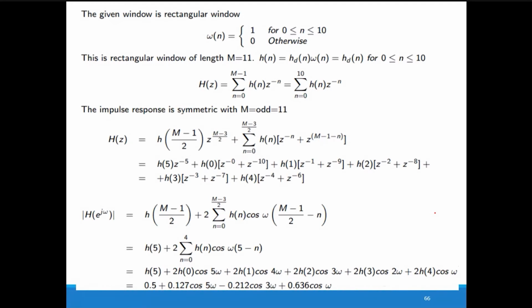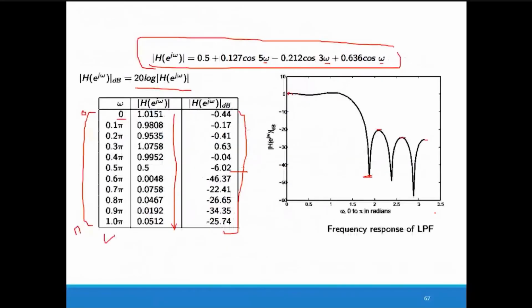Okay. Okay, so now all of you finished this up to h of e raised to j omega. Okay, at least few of you comment so I can go for the next example.